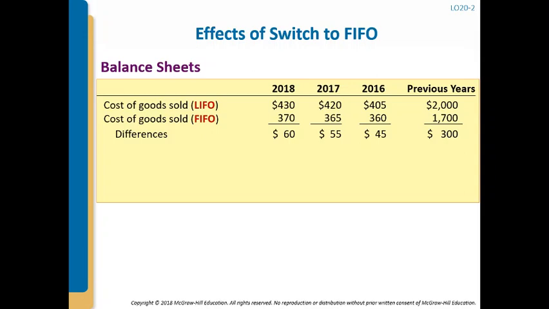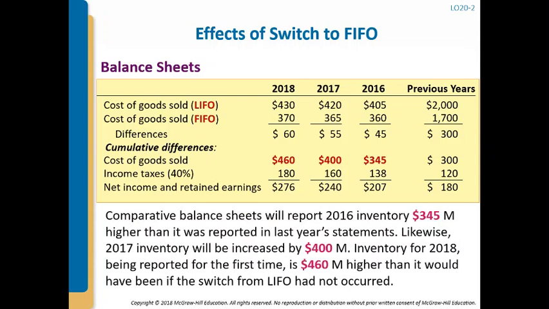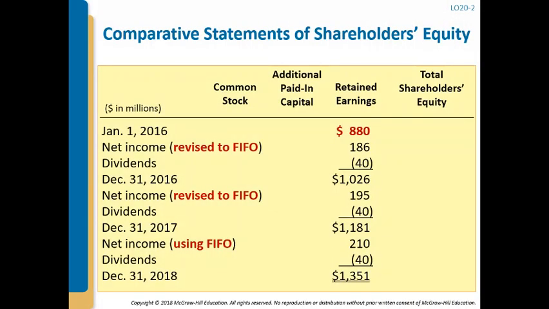The change being in 2018 in this case. So essentially what they're saying here is that inventory as of January 1, 2018 would be $400 million more. And so that $400 million has got to be dealt with.